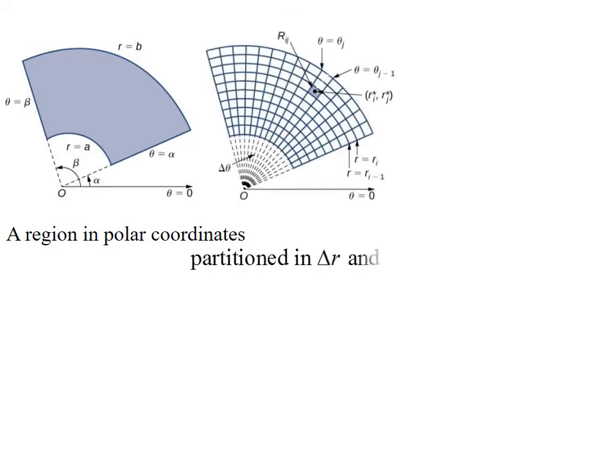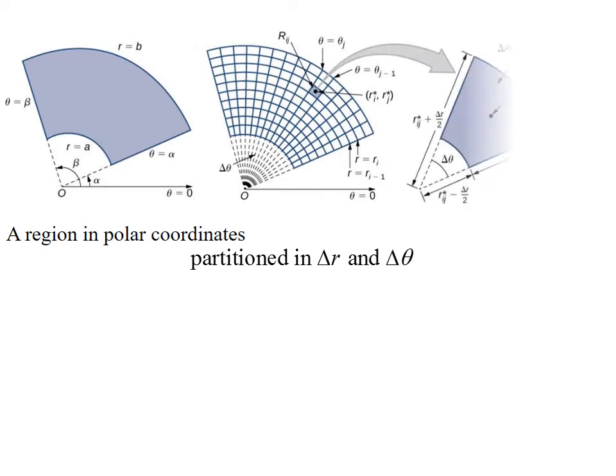So we're going to divide this region into sectors of circles. And here's a representative sector. Now, I've got all the things labeled. You can pause and look at that if you like, but what we're going to do in the next few slides is develop the ideas behind the area of this region.